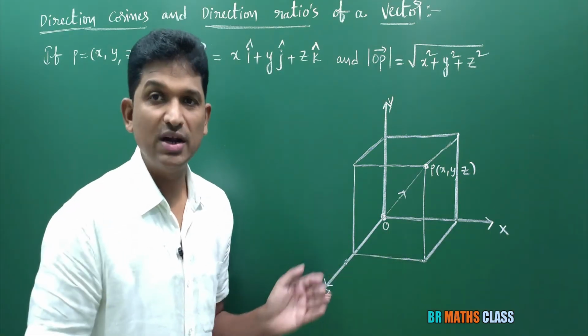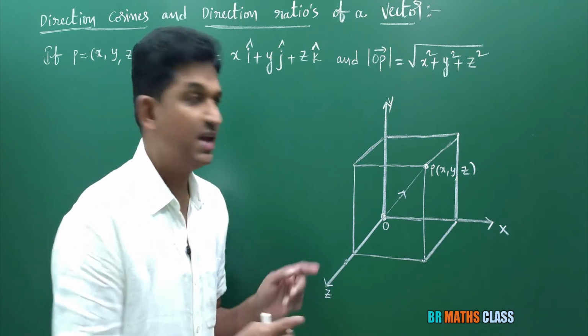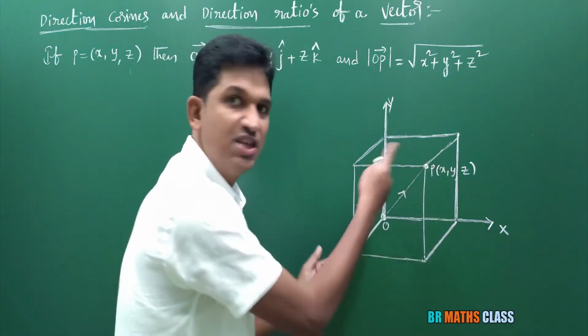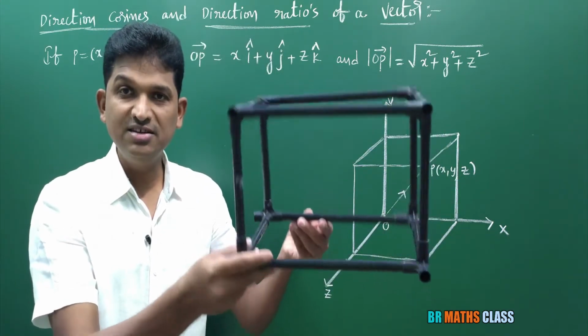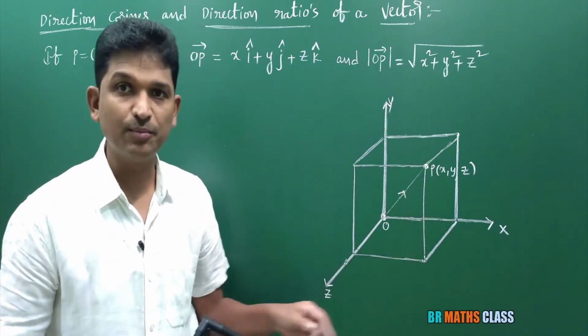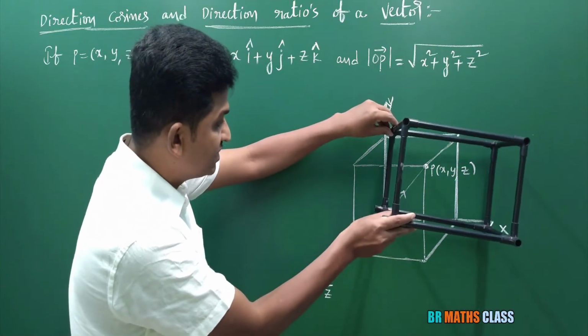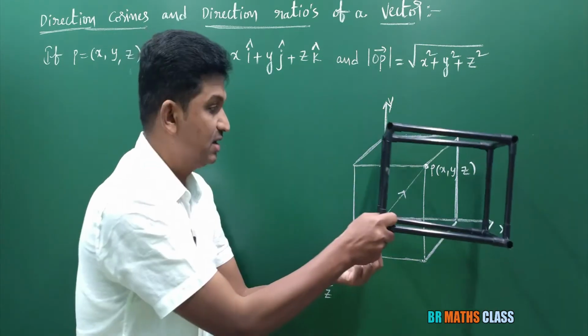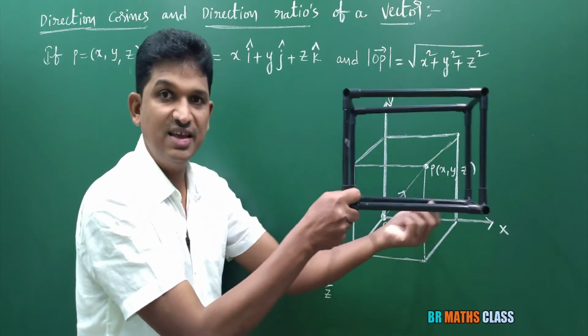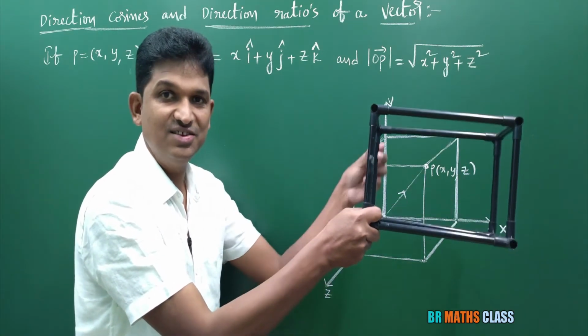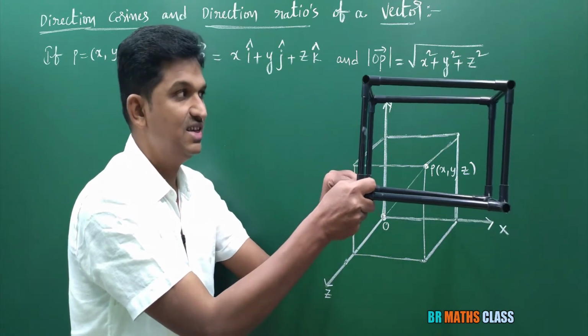Little difficult to understand this. So to explain, I'll consider a figure of this shape. Now you try to understand what is happening exactly. Listen carefully. This is x-axis, this is y-axis, and this is z-axis.